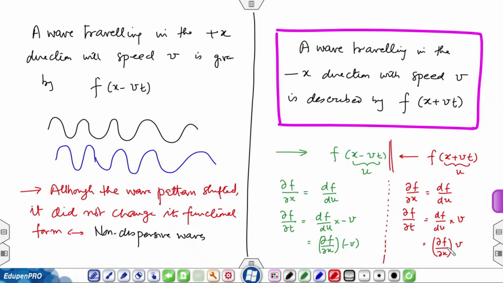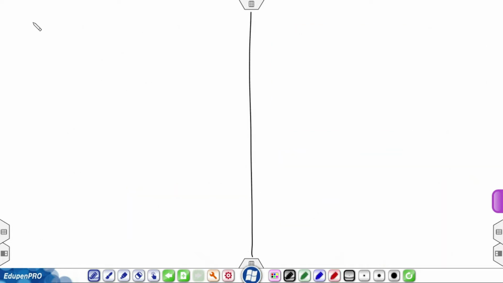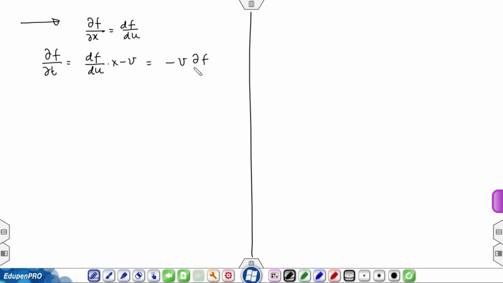And therefore, when I look at the equations for f in terms of x and t, they become as follows. For the wave traveling to the right, I have partial f partial x, which is df/du, and partial f partial t, which is df/du times minus v, which is minus v times partial f partial x.